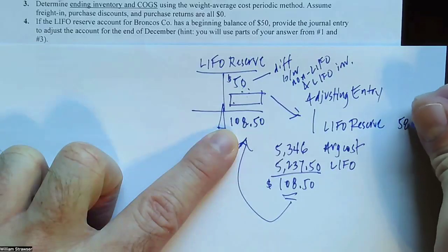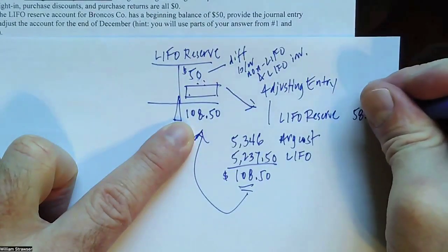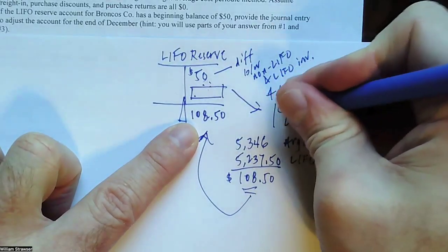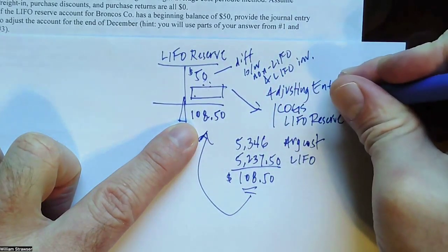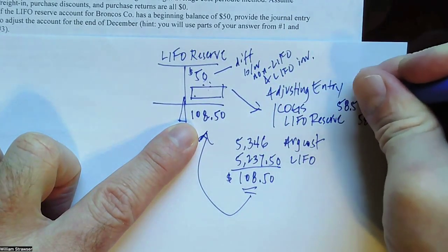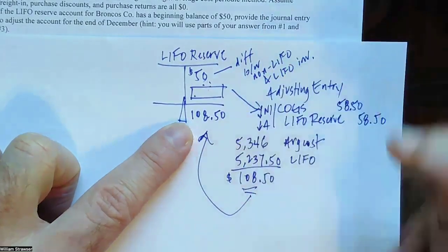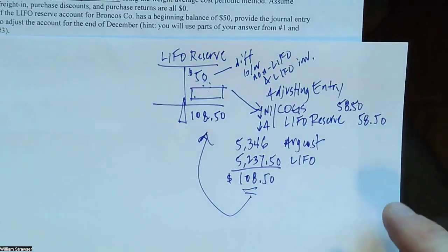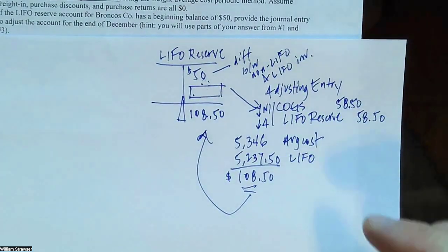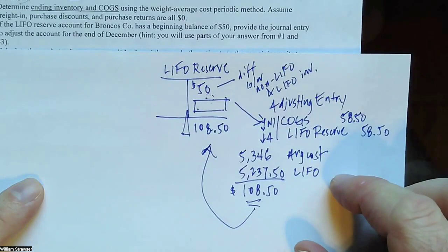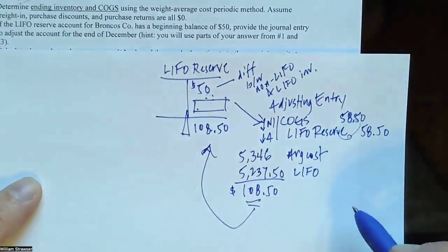That'll take my beginning balance up to the ending balance. And I debit cost of goods sold in order to make it happen. And that's really all you need to make that adjusting entry to the LIFO reserve account.